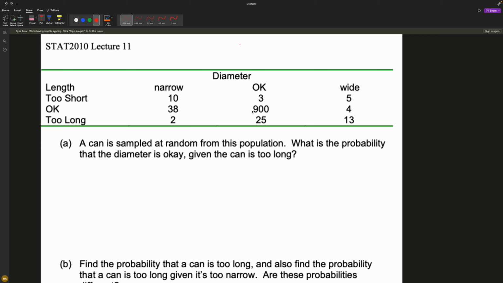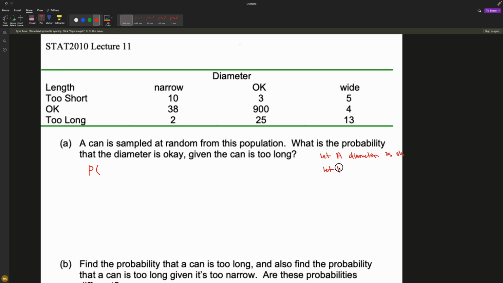A can is sampled at random from this population. What is the probability that the diameter is okay, given that the can is too long? So remember, they want the probability, so you want to read it from what you want. The probability that the diameter is okay, so we say let A be diameter okay.